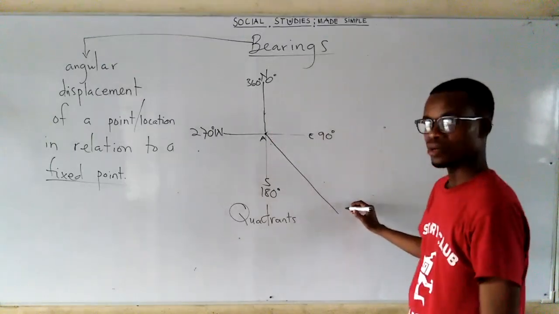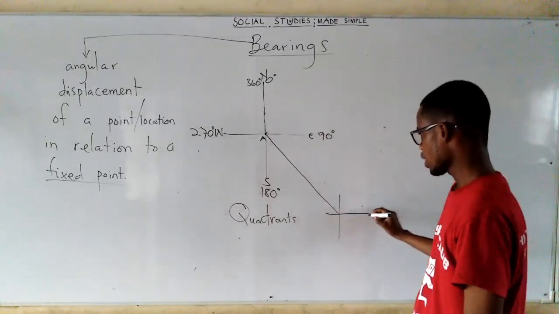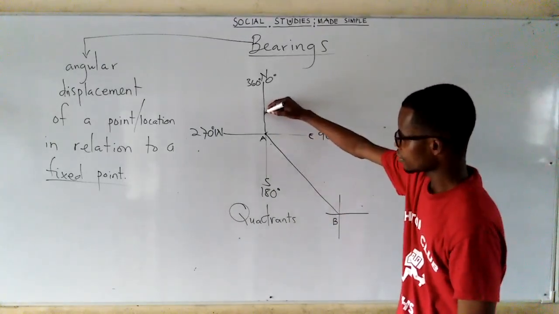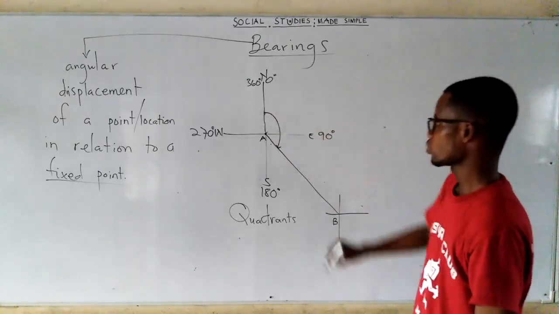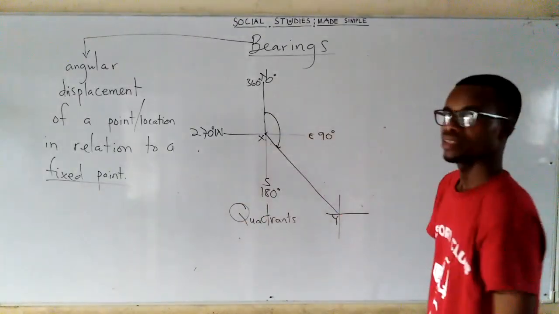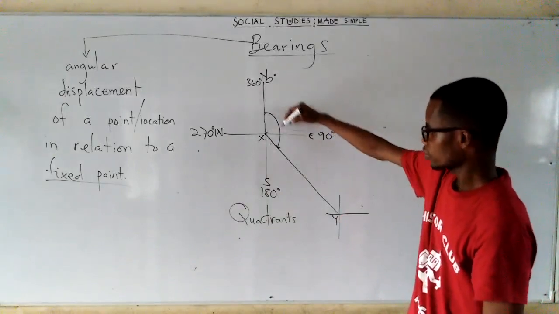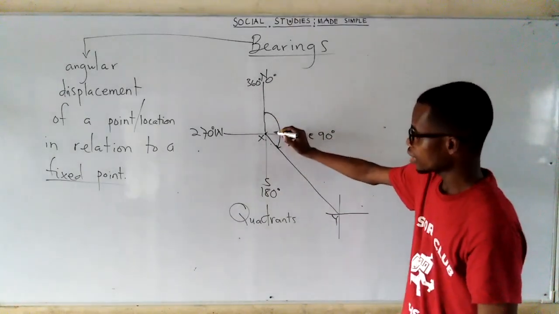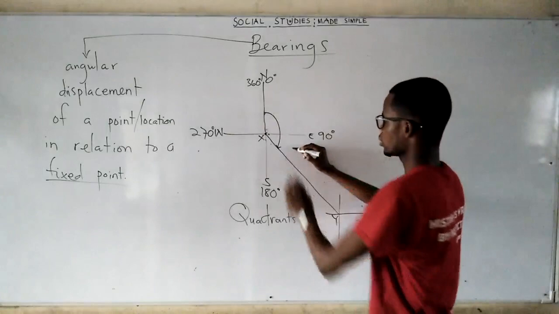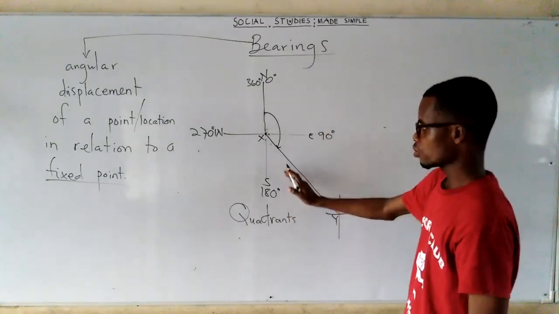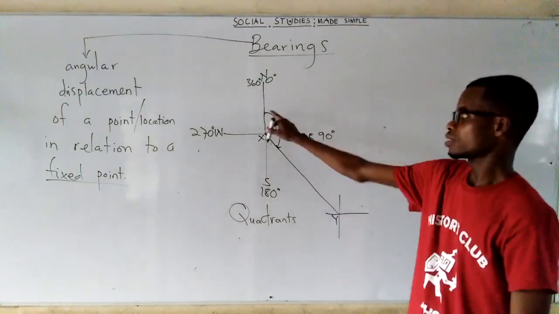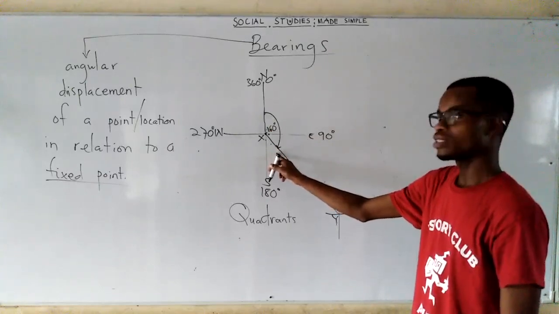So town A again, and then the person got to town B. Okay, so the angle has been given that when the person traveled to town, so now let me use X and then town Y. When the person traveled to town Y, he covered an angle of, this is less than 180, so we give an angle less than 160 degrees. This bearing, the bearing of 160 degrees.